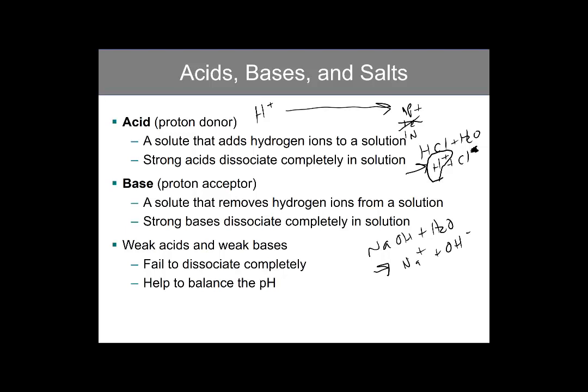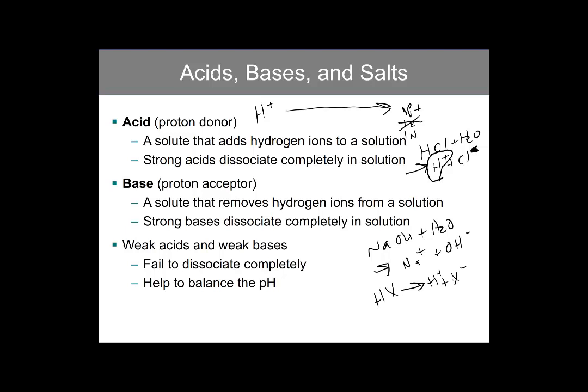Weak acids and weak bases fail to dissociate completely. In the case of a weak acid, I'm just going to use a generic acid, which I'll make up by calling it HX. HX will dissociate into hydrogen ions and whatever X is.